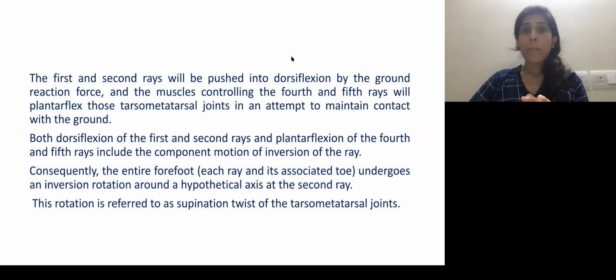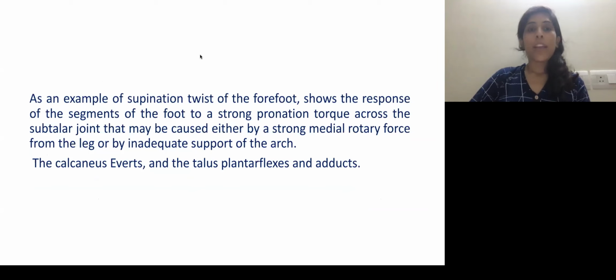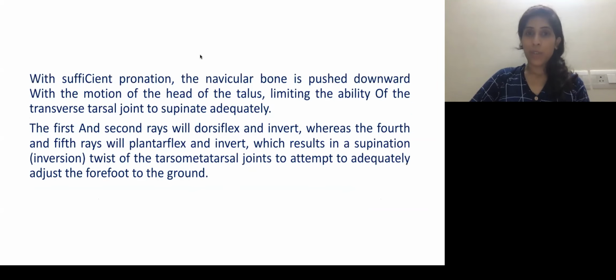To maintain the metatarsophalangeal joints in contact with the ground, the tarsometatarsal joint roll will come, and first and second rays will go for the dorsiflex position. Last two rays will go for the plantar flex position. And it is called the supination twist.